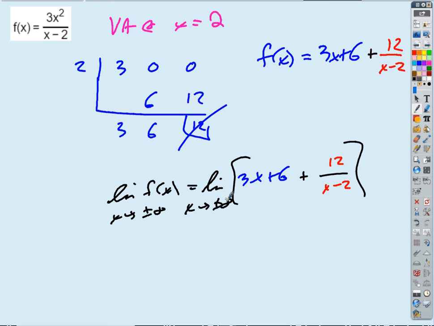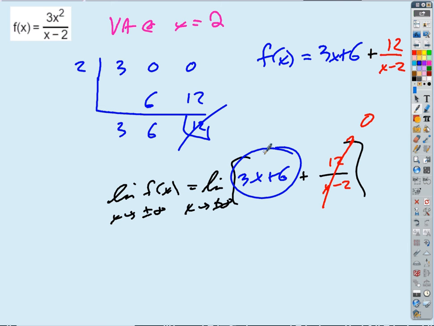Well, what happens to this part, where the top is a constant and the bottom has an x in it? If I take the limit as x goes to plus or minus infinity, what's happening to that term? It's going to 0, isn't it? Top staying at 12, bottom going to infinity. Regardless of sign, that goes to 0. And so what's left behind? 3x plus 6, right? So that is the equation of my oblique or slant asymptote.